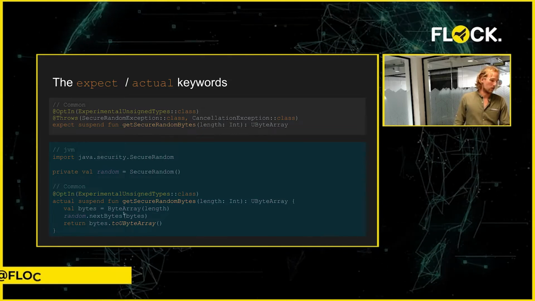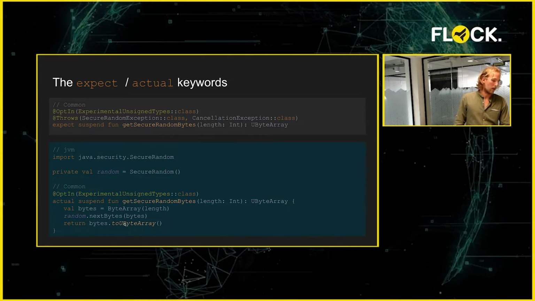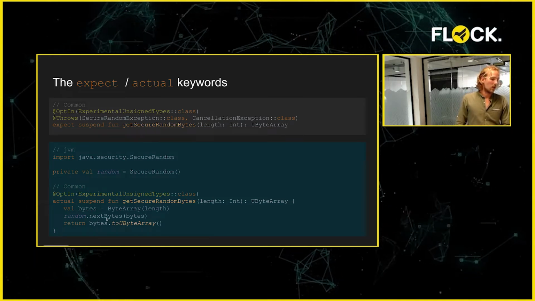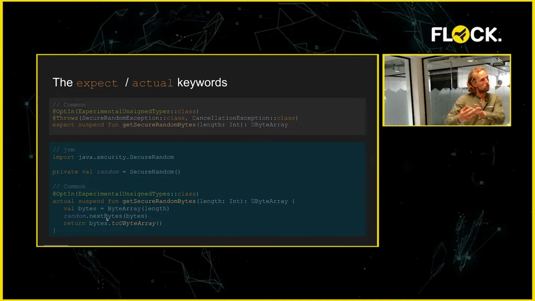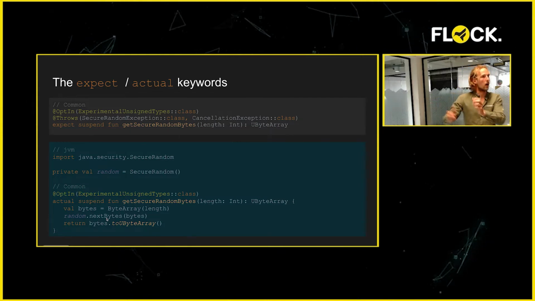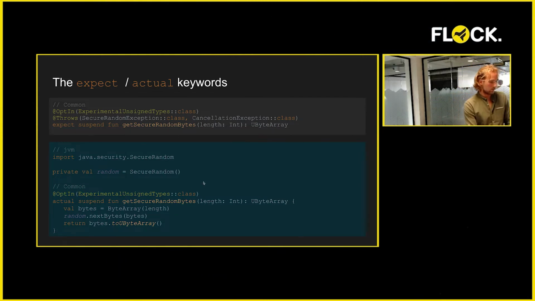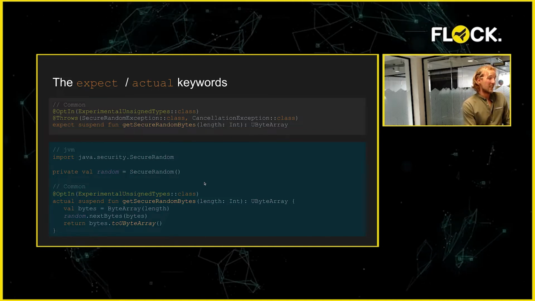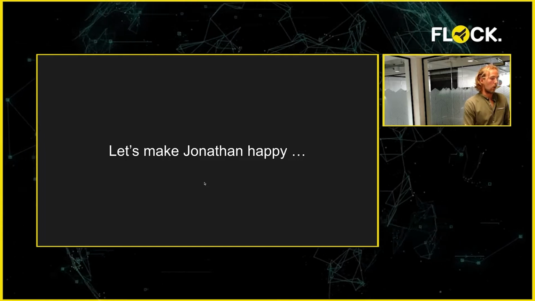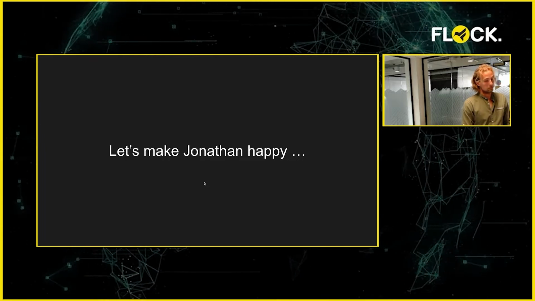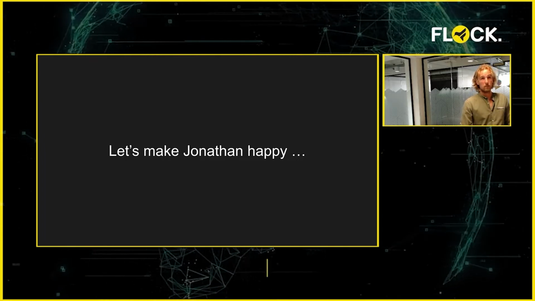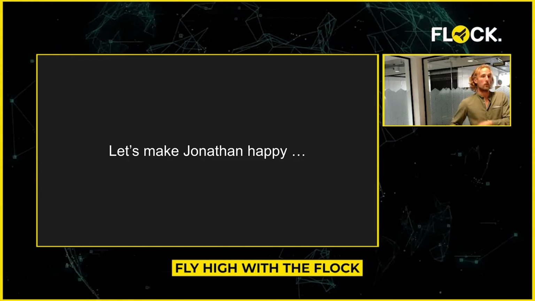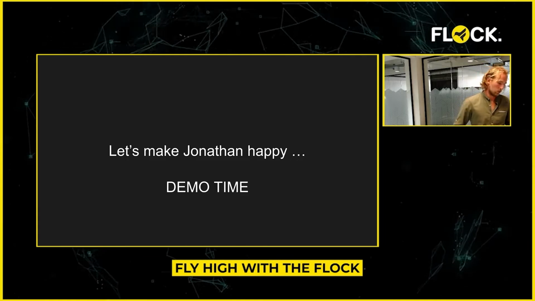So basically I set up a byte array, and I fill that byte array with random bytes, and I return that byte array. And actually, that is all that we need for a library in JVM as an addition to what I've written in my common code. So it's basically a one-liner, or two or three liners.